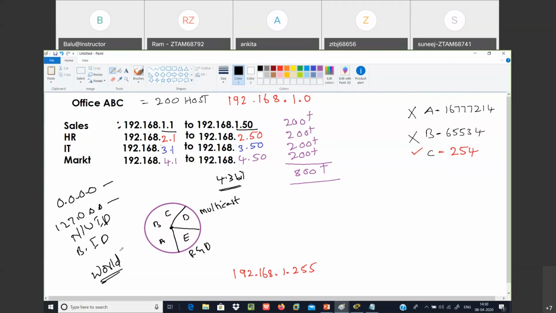We are not making use of them. Only A, B, C. From A, B, C also, two networks are minus, 0 and 127, and network IDs and broadcast IDs. So the remaining IP addresses are all we have to survive on worldwide, universally. Is it possible, guys? No, it's not possible, right?